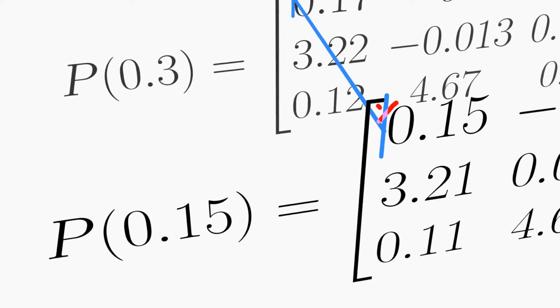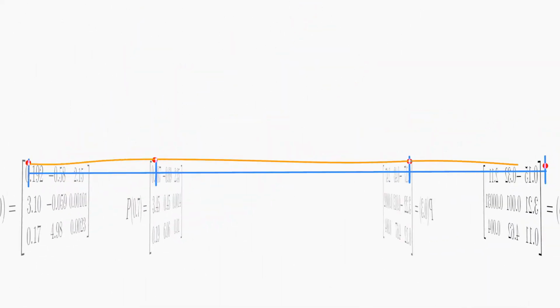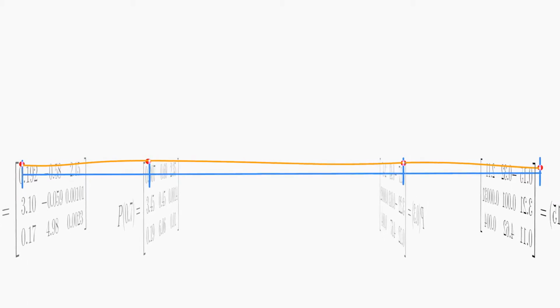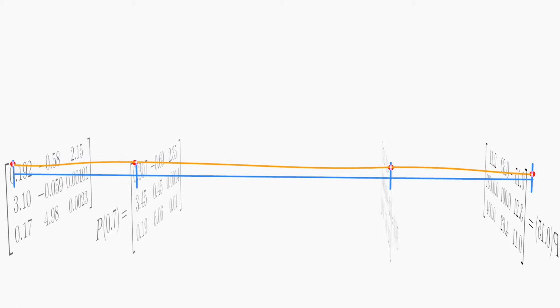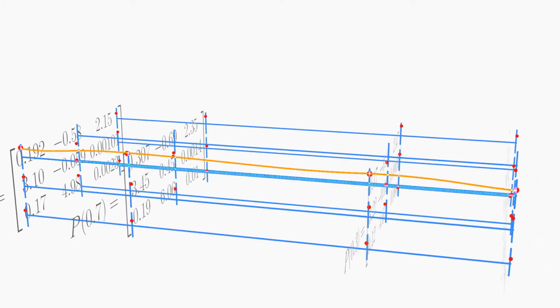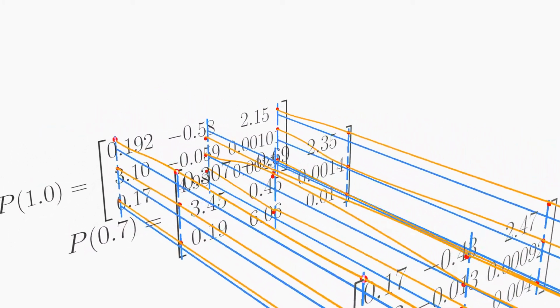Those are the data points, and that is the spline. As a result, we get one B-spline per each element of the P matrix.